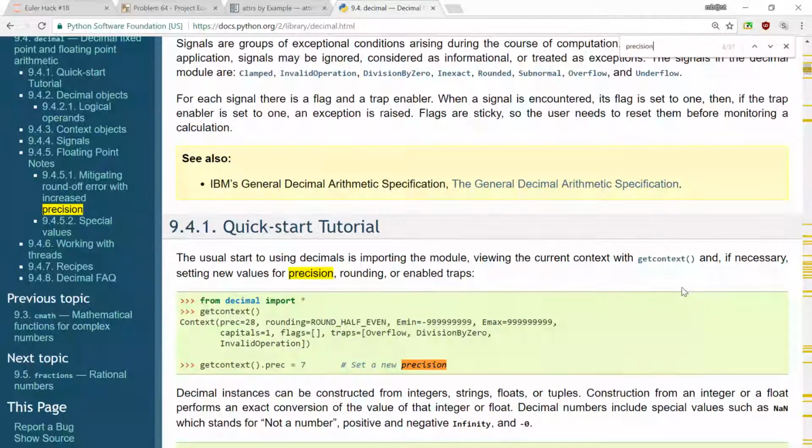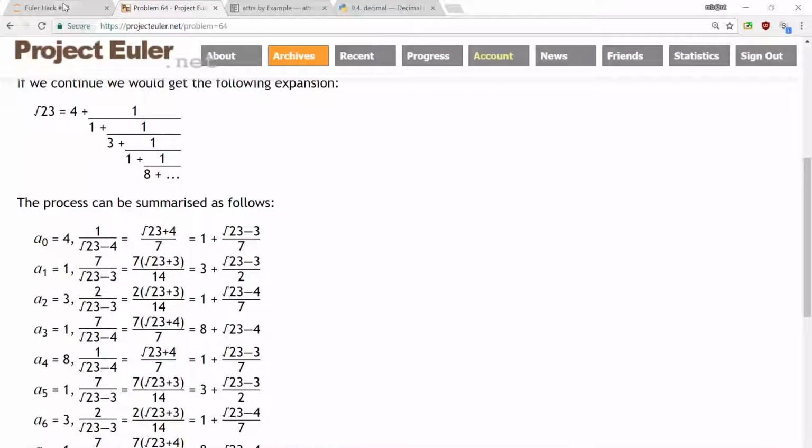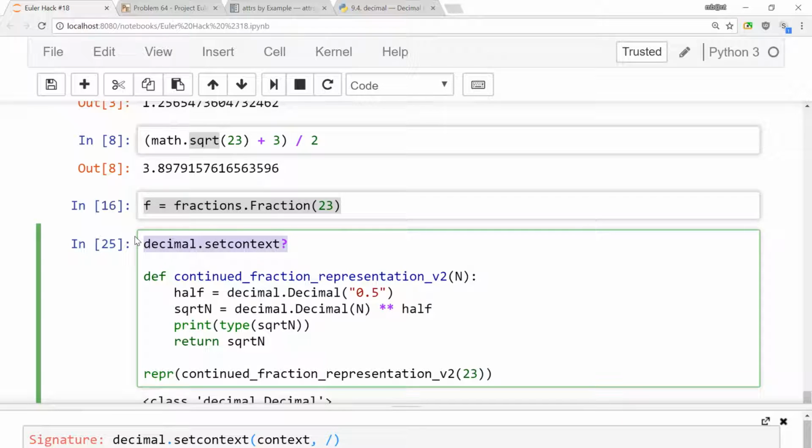Prec. Get context. Prec. Okay, well, let's just do this. I don't know. Let's just do 100 for now. Yeah. Fine. Plenty.